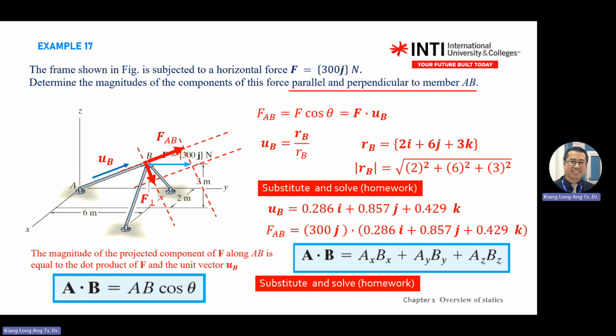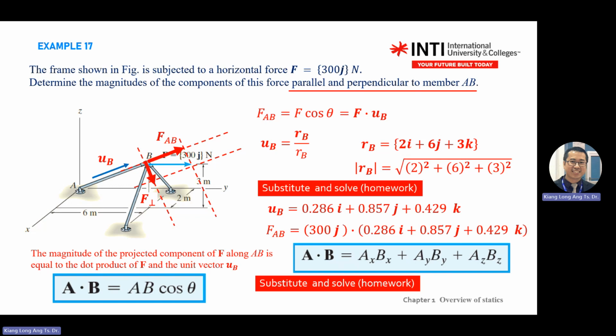So I rewrite the form for you. Can you guess what this AxBx product or answer is? How do you get 0?